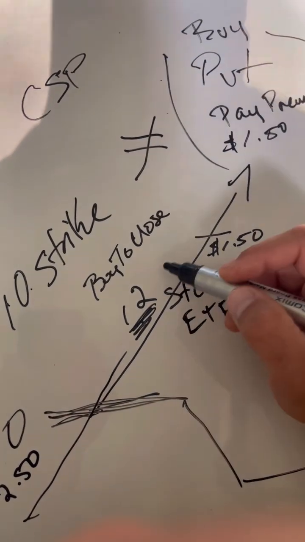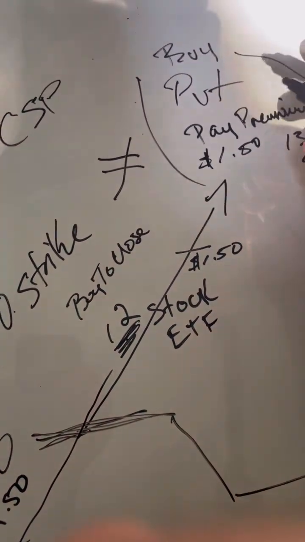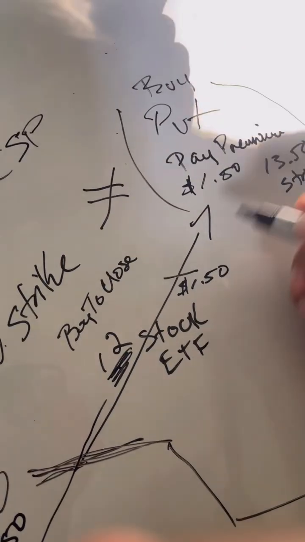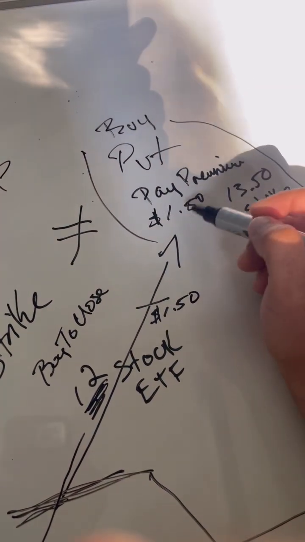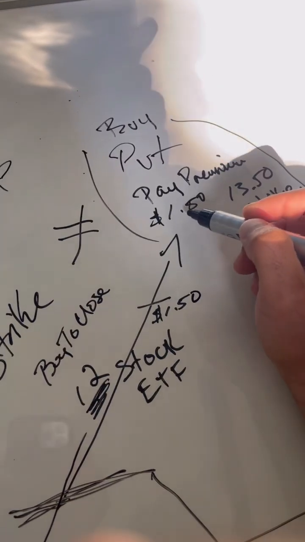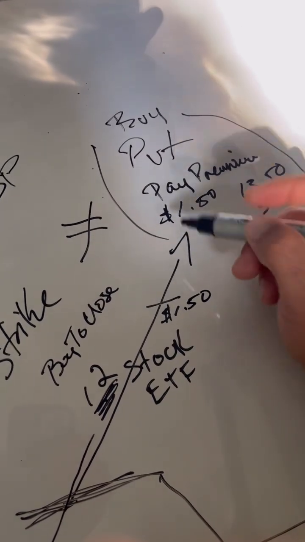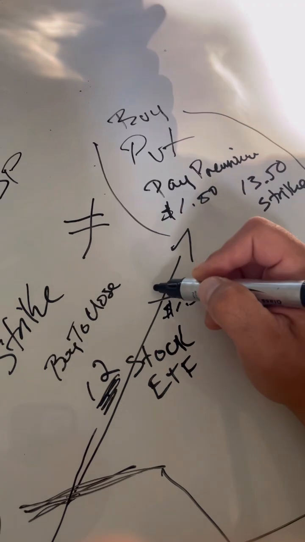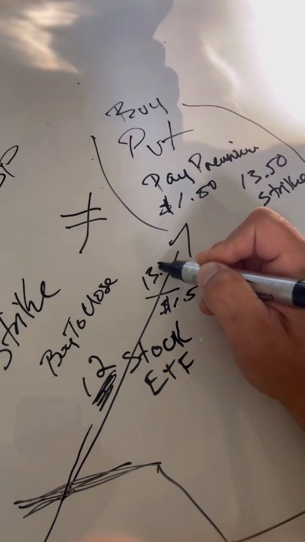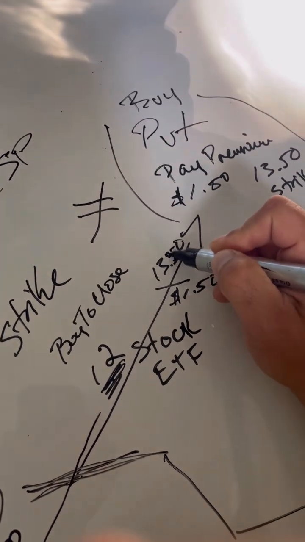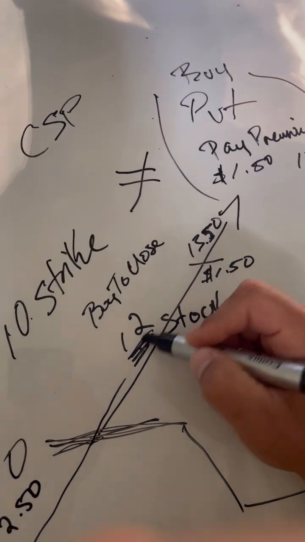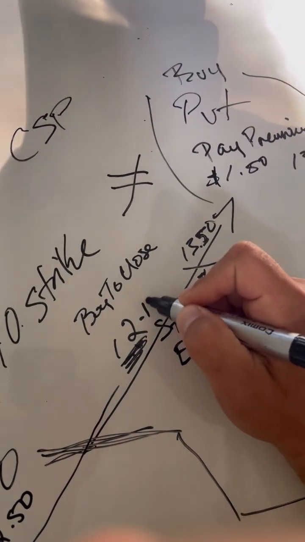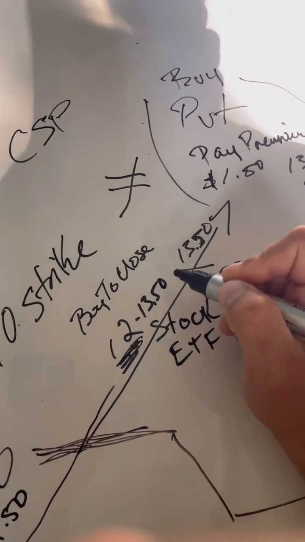I just want to close early, so I'm going to give it up. These guys are willing to say, hey, I'm going to put up $1.50 to buy the put at 13.50, because that's where they're pricing in. So I just need this to go to 13.50.